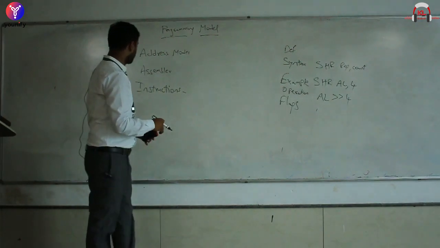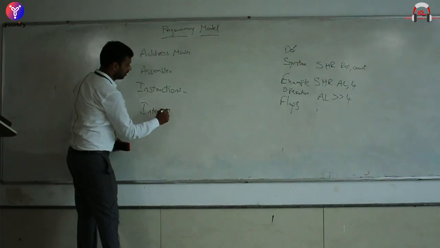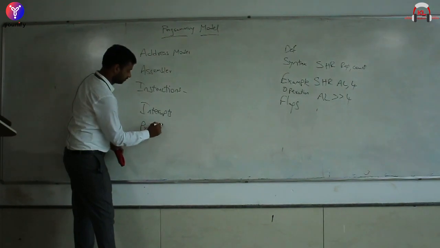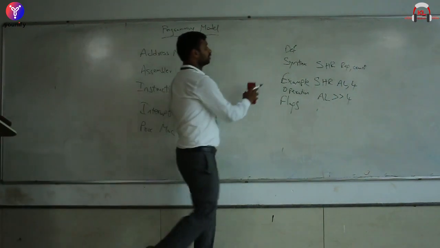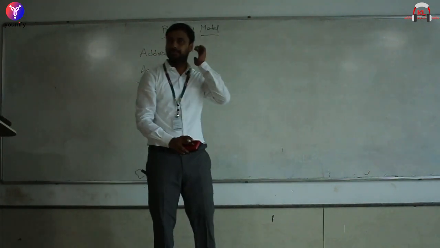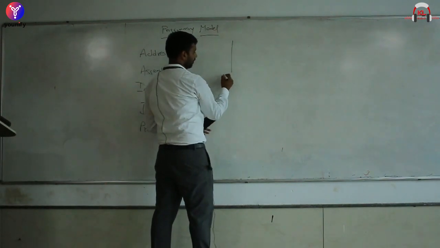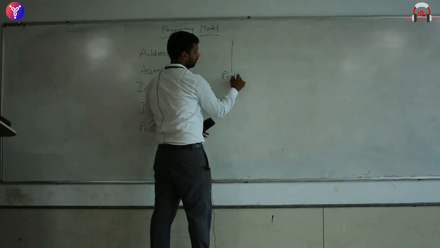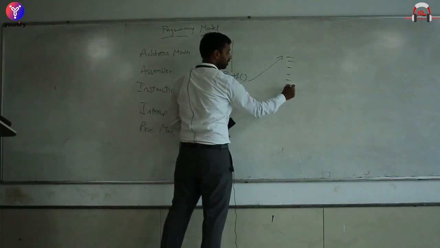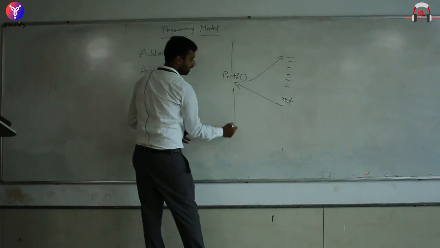And in the programming model, we additionally have interrupts, procedures and macros. Interrupts, procedures and macros are nothing but the functions and interrupts that you already know. Whenever I write a program and call a printf, my program goes somewhere, executes the printf code until it finds a return statement, and then returns back and continues its operation.